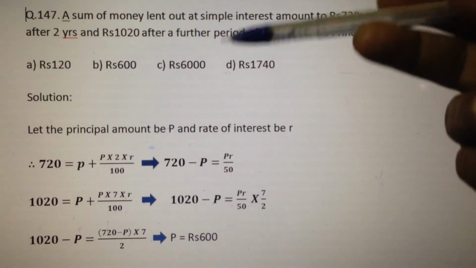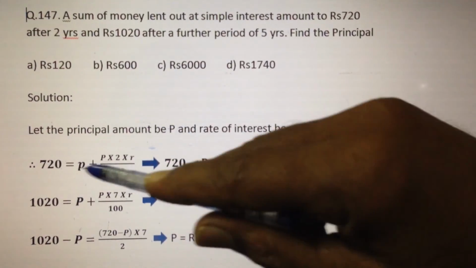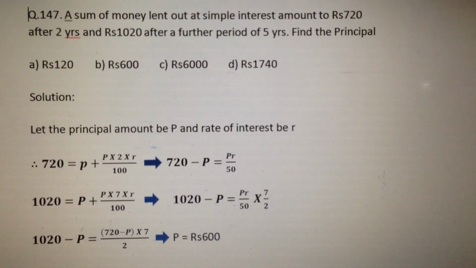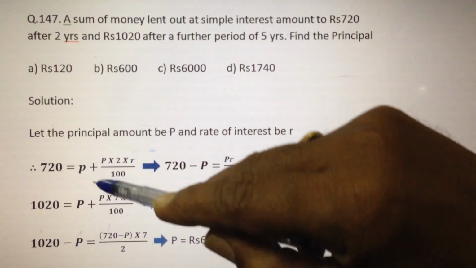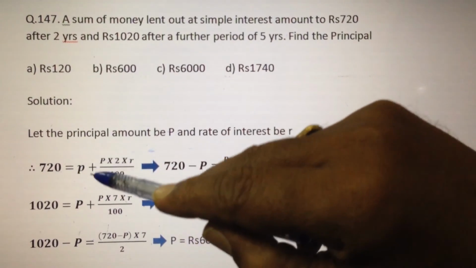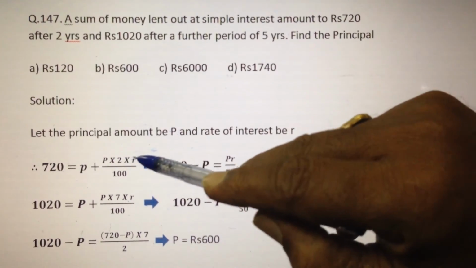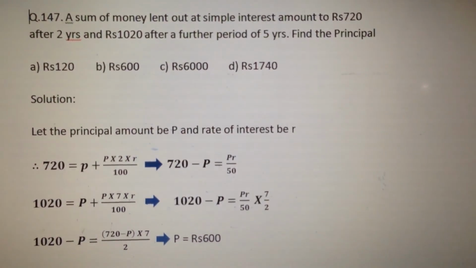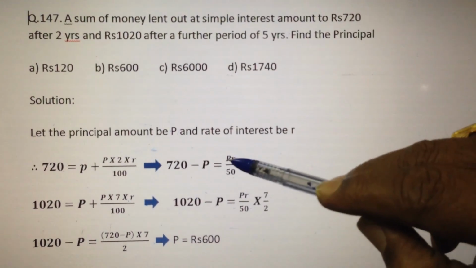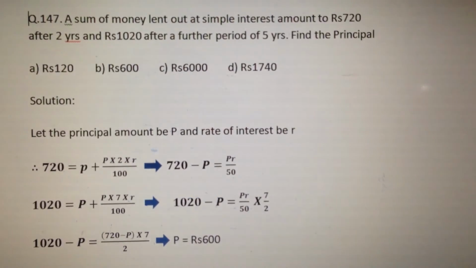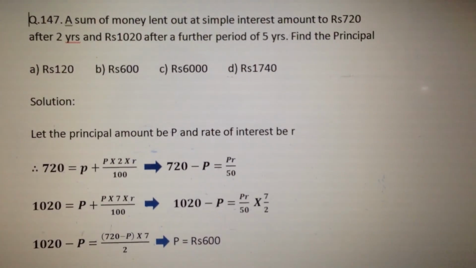Total sum is equal to principal plus PTR by 100. Here after 2 years it is 720 rupees. Therefore 720 is equal to P plus P into 2 into R by 100. That means 720 minus P is equal to PR by 50. This is the equation number 1.